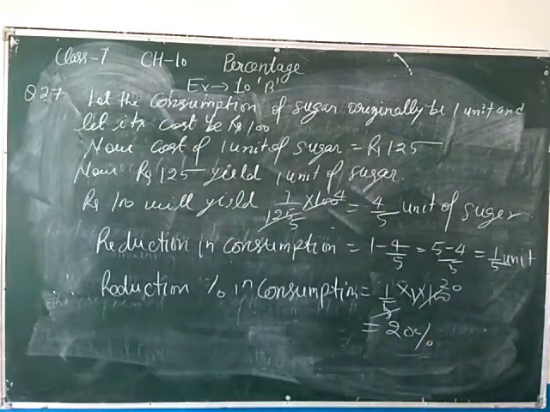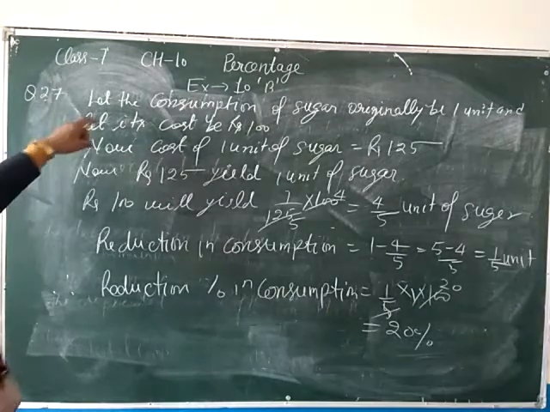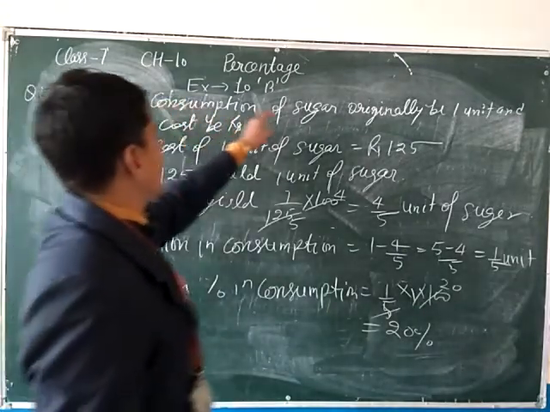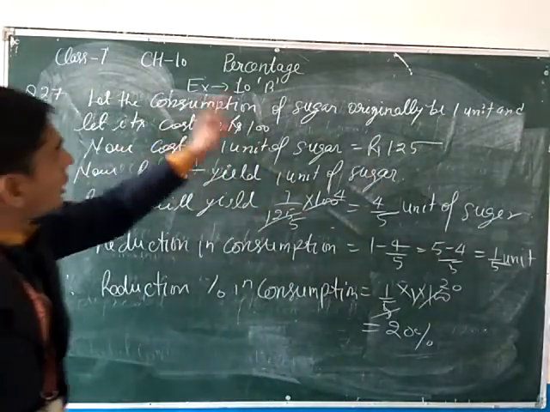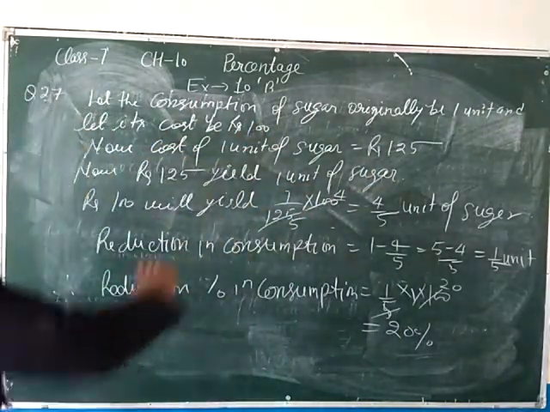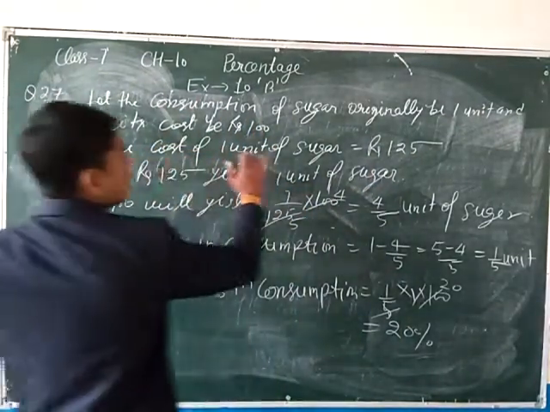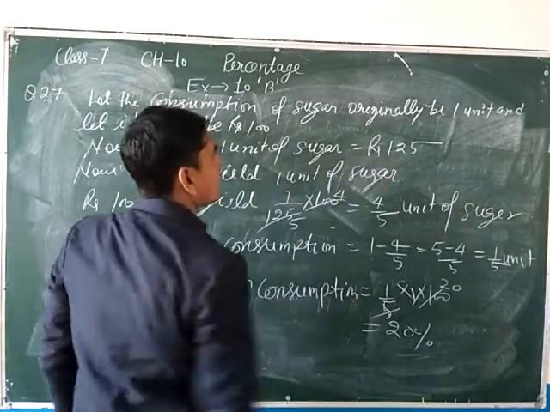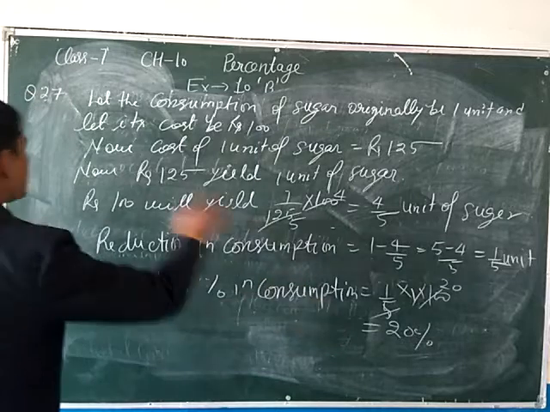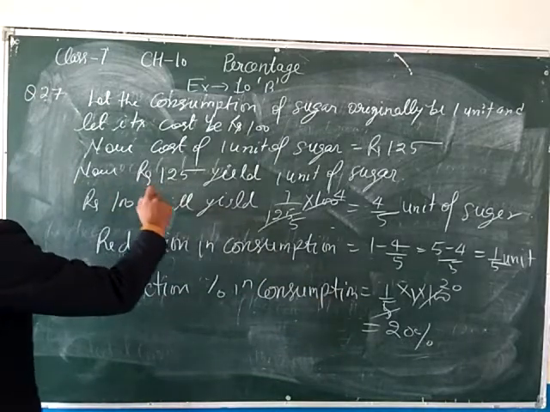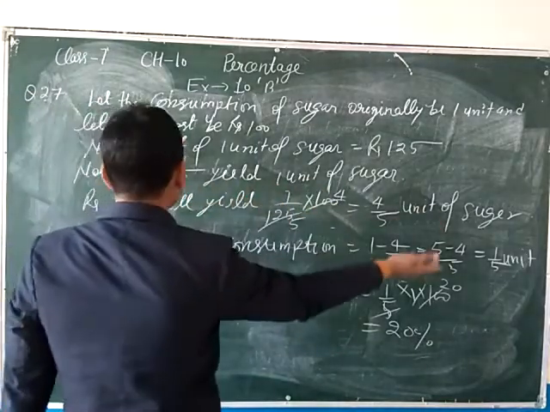20%. Again see this solution. Let the consumption of sugar originally be 1 unit and let its cost be 100 rupees. So meaning of this line, now cost of 1 unit of sugar equals 125 because 25% is increase. Now 125 rupees yield 1 unit of sugar.